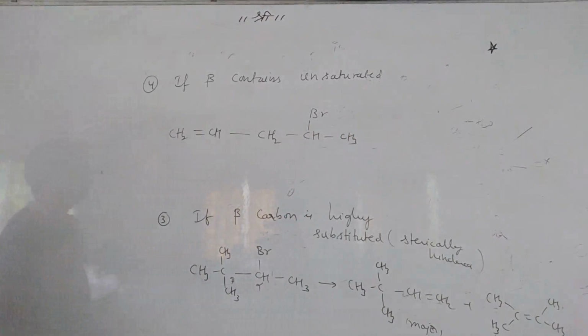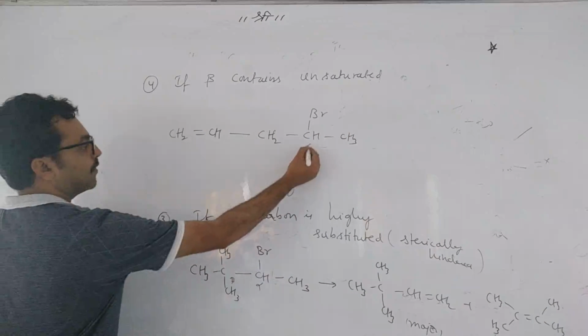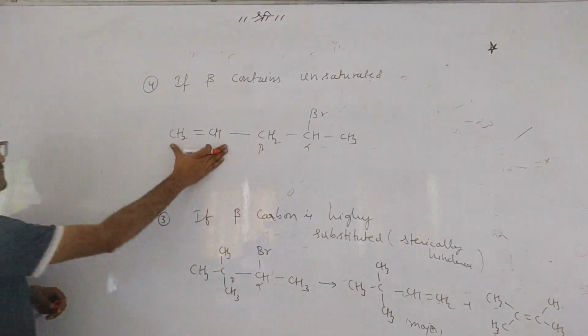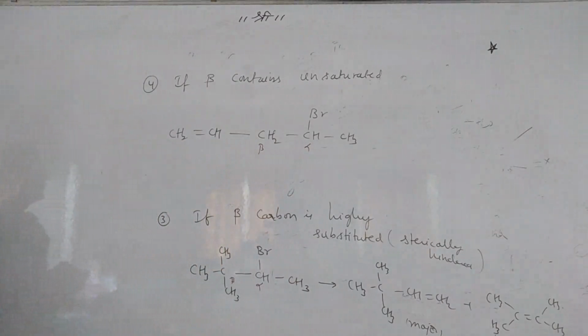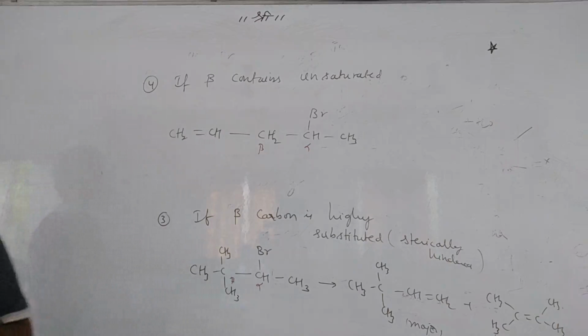Okay, like this suppose is there. Beta carbon is having a double bond. So beta carbon contains this double bond. Alpha, beta. Beta carbon containing a double bond. Here unsaturation should come down.